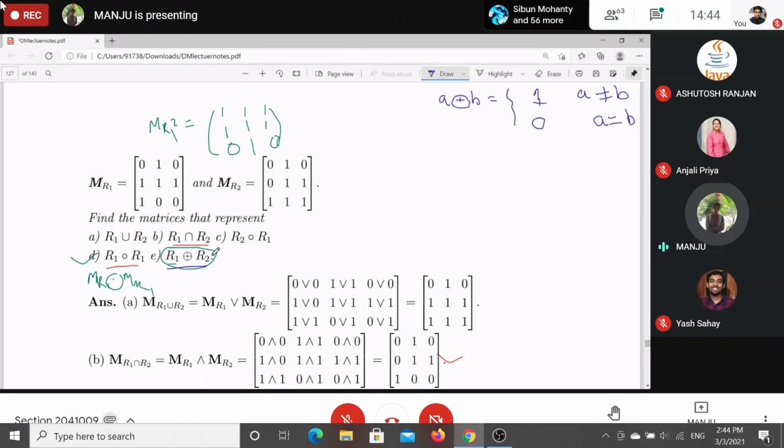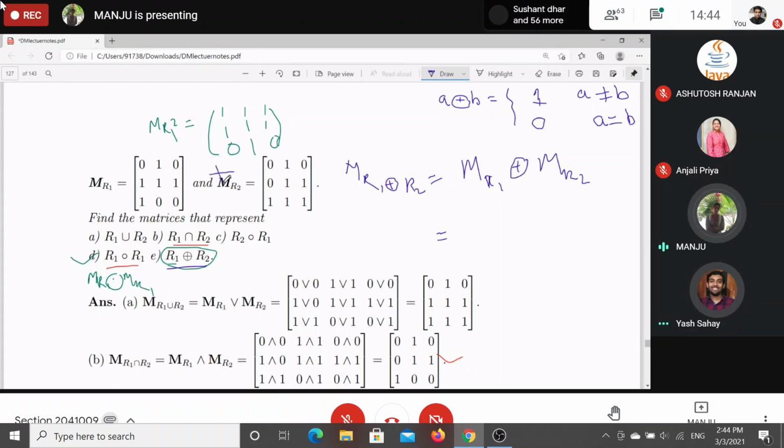So the matrix corresponding to this one will be MR1 Boolean operation with MR2. This will give you the same operation, XOR MR2. What are you getting? Ma'am, 0, 0, 0.